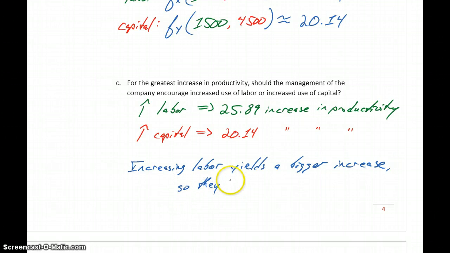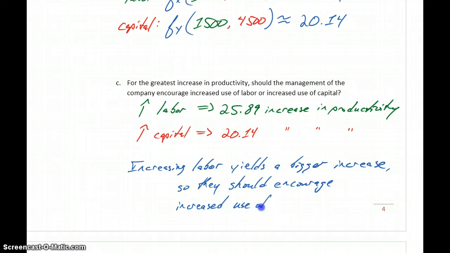So they should encourage increased use of labor. So again, whether we increase labor or increase capital, productivity is going to go up, but the question is, where are we going to see that bigger boost in productivity? And in this case, it's by increasing labor.